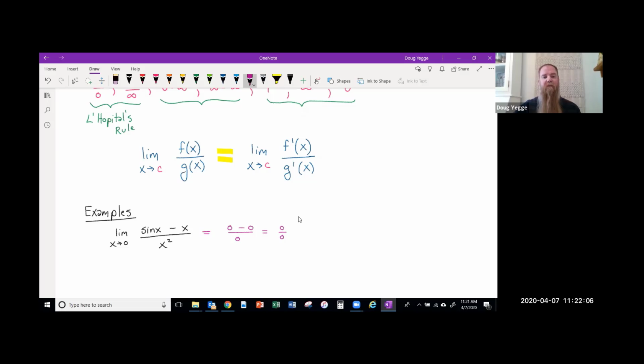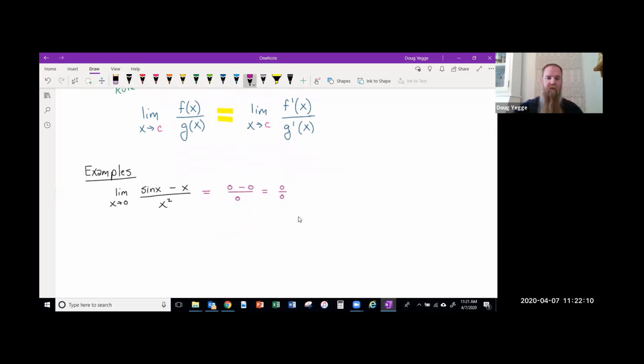So this is the benefit of using L'Hopital's rule, but it's really important when you use L'Hopital's rule to say that you're using L'Hopital's rule. What this tells us is that this limit should be exactly the same as the limit as x approaches 0 of the derivative of the top over the derivative of the bottom. We're not applying the quotient rule, mind you.